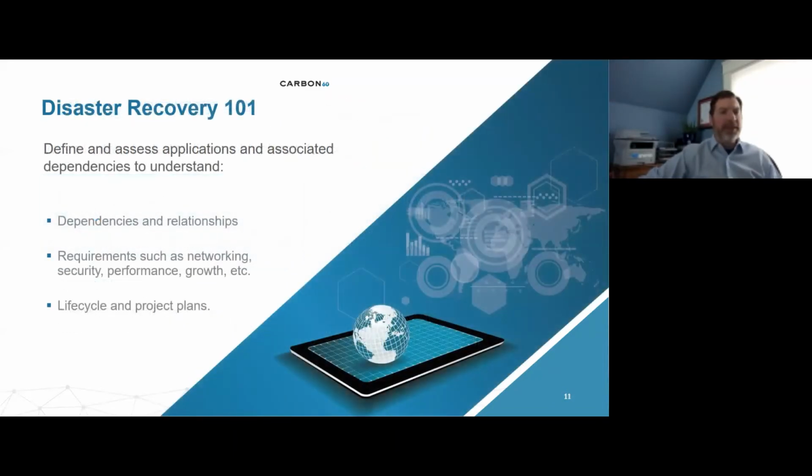So in disaster recovery 101, the next step is defining and assessing applications and associated dependencies. This is super important because once you have an RPO and an RTO defined, you need to be able to map the applications to those RPOs and RTOs. And this is where the dependencies and relationships come into play.